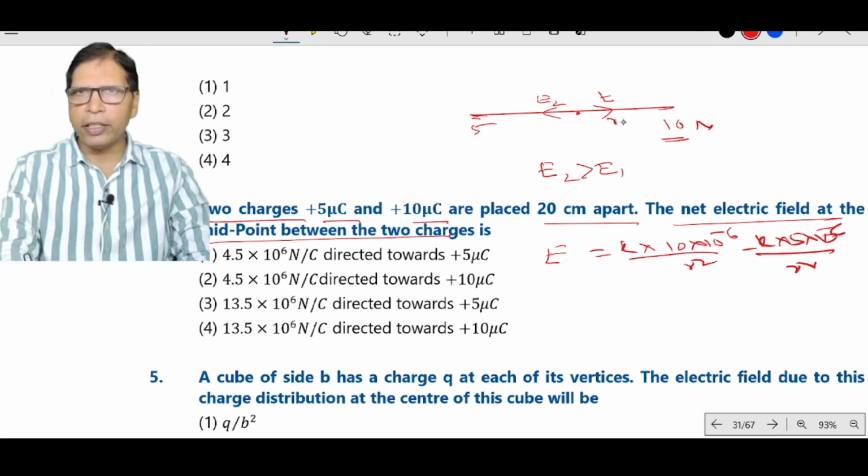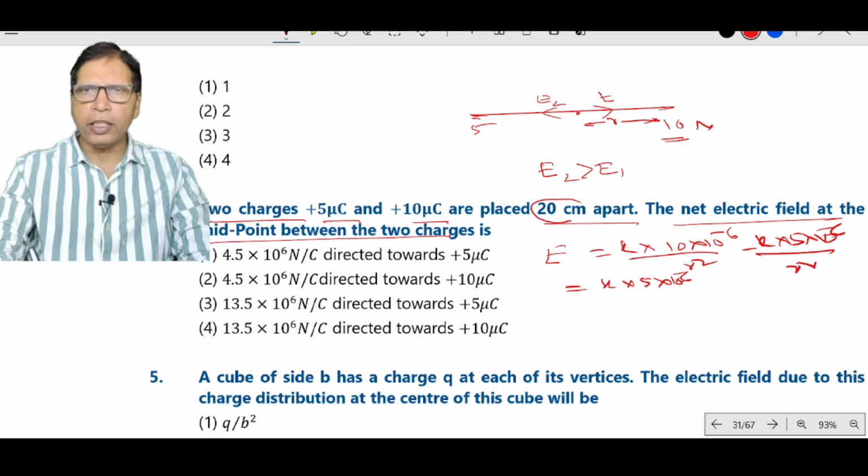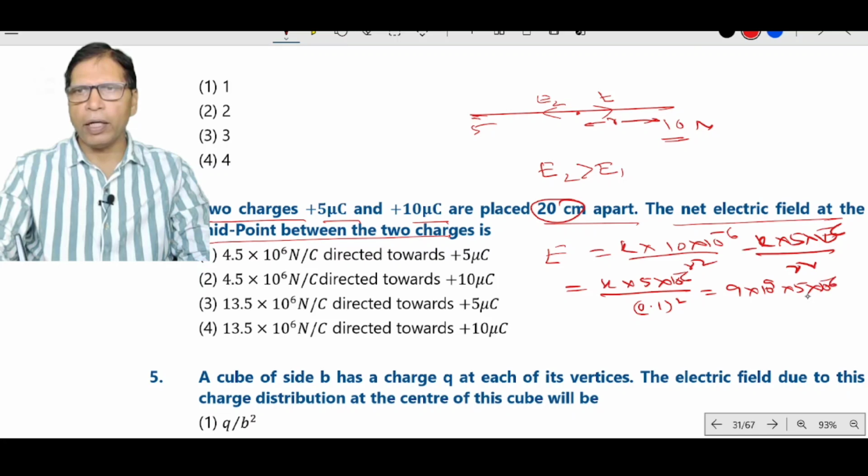So R is the distance of the midpoint from each charge. Okay. So look at this, you get K into 5 into 10 to the power minus 6 by R square. What is R? R is 0.1, R is 0.1 whole square. So look at this, 9 into 10 to the power 9 into 5 into 10 to the power minus 6 divided by 0.1 whole square.